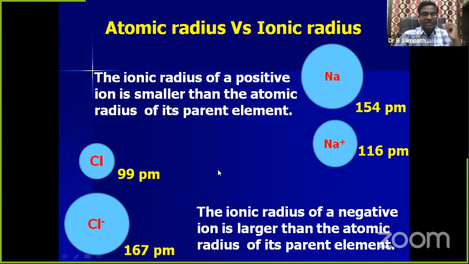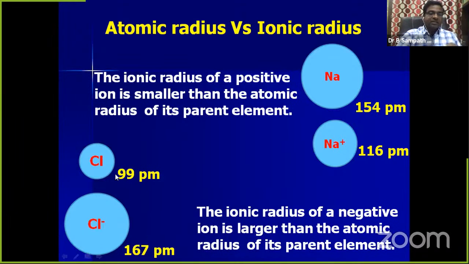Right. In the same way, here the ionic radius of a negative ion is larger than the atomic radius of its parent element. See children, here we observed the positive ion and the neutral atom, and here we are observing the neutral atom and negative ion. The ionic radius of a negative ion is larger than the atomic radius of its parent element.